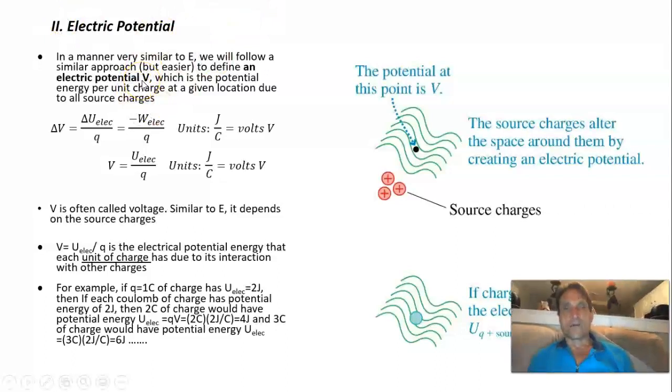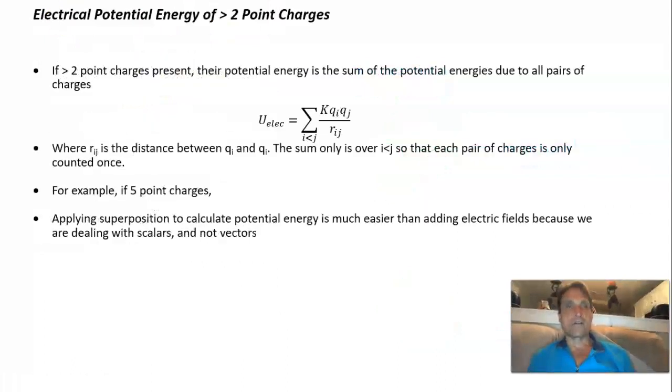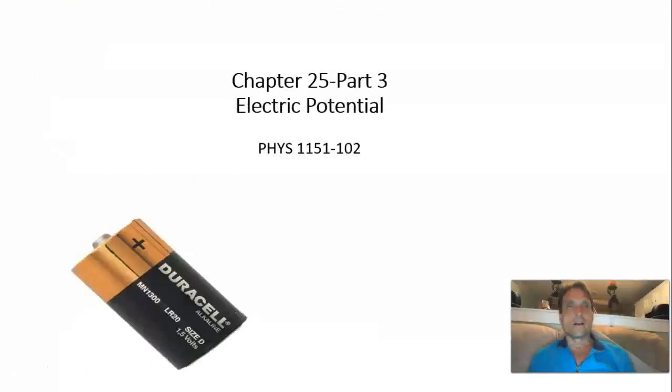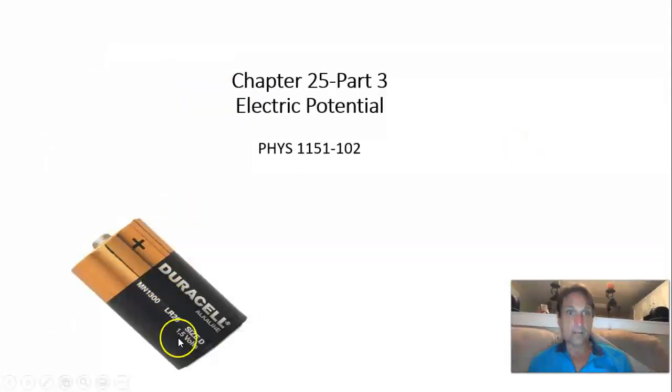Now, you've probably all heard of this, but maybe not in this context. If you have a battery here, this battery says 1.5 volts. This is a D cell battery.